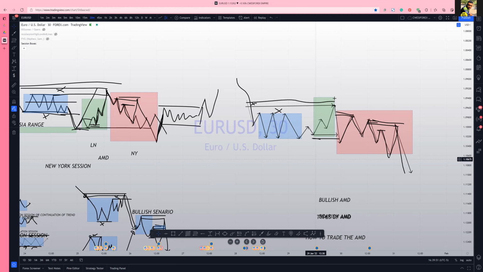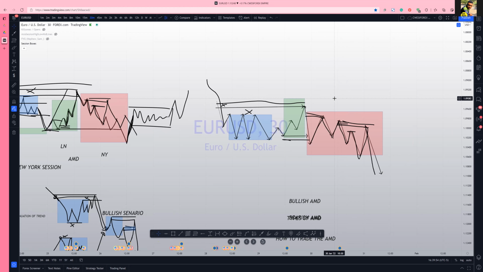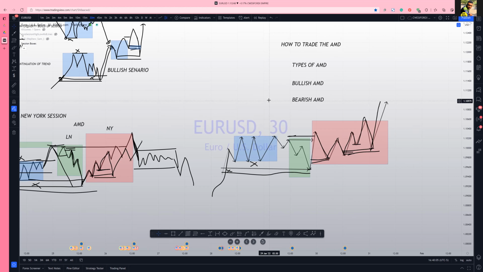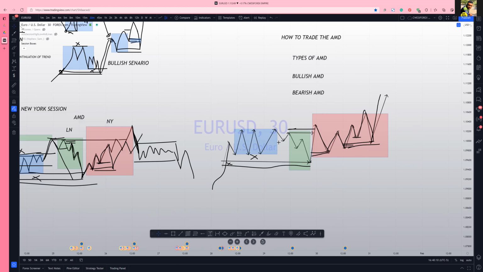I get it. All right, so these are the types of AMD we have. We have the bullish AMD and the bearish AMD as well. Okay, and always remember that the Asia session, or the accumulation session, has a 10 pips to 40 pips range.